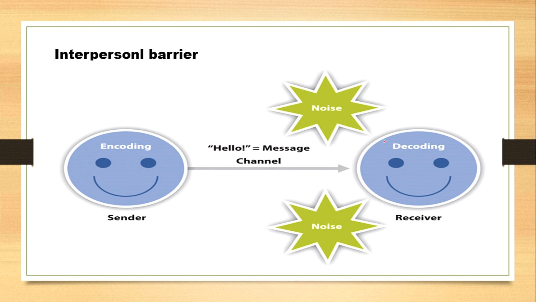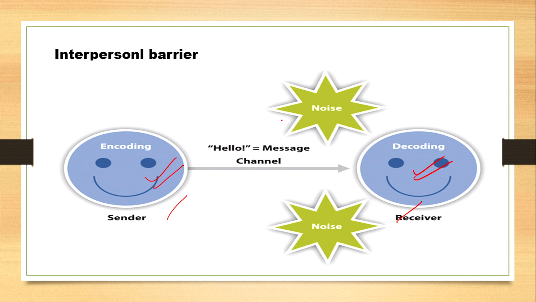In which mood I am, in which temperament I am, and in which mood you are, in which situation and temperament you are. So you will decode the message according to your situation, and I am encoding the message according to my situation. So sender and receiver encode and decode the message according to their own situation and temperament.